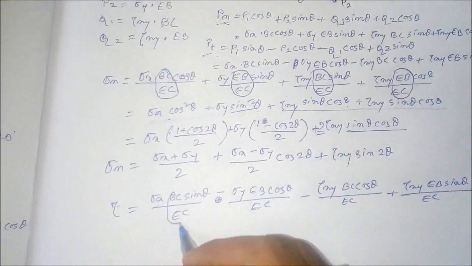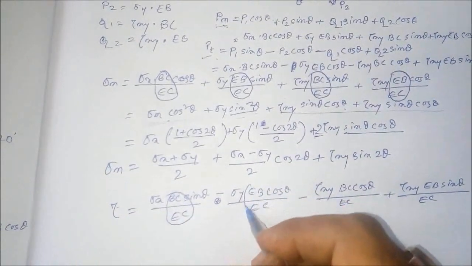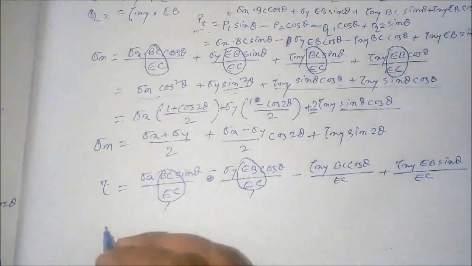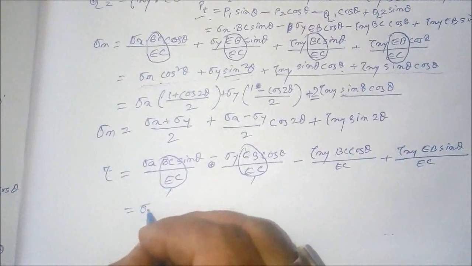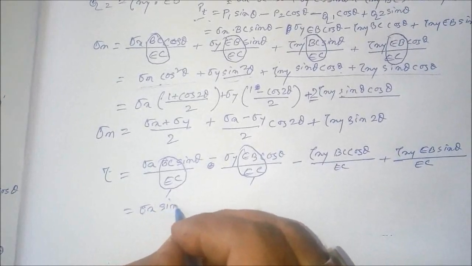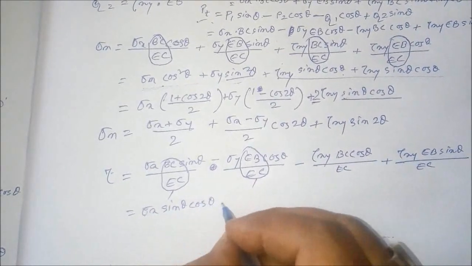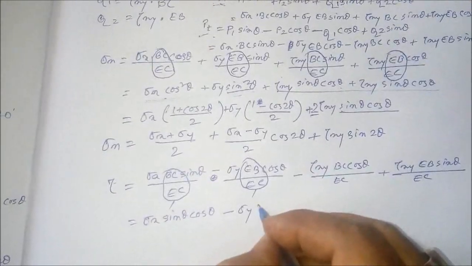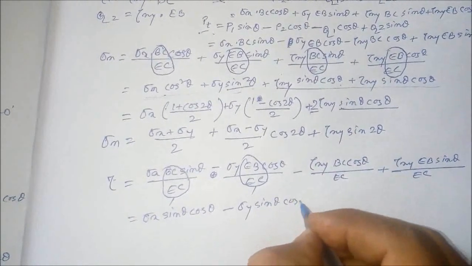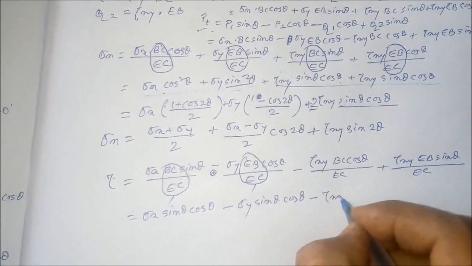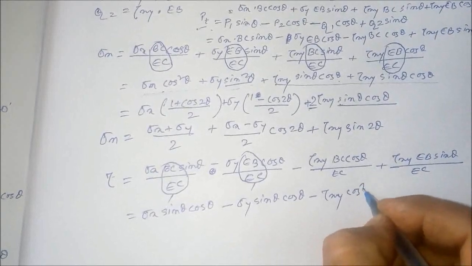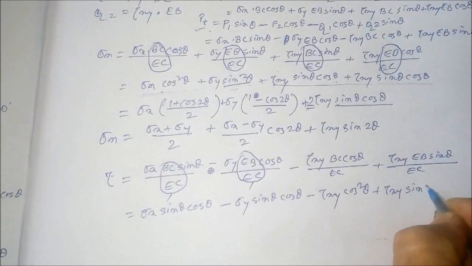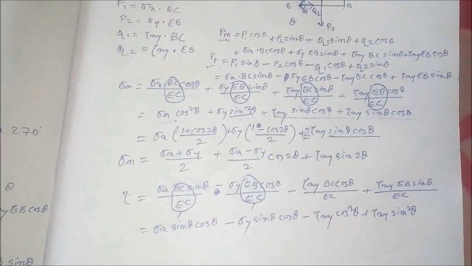Again we are getting this component BC by EC and EB by EC. This is cos theta, this is sin theta. So if we simplify this, this will be sigma x sin theta cos theta minus sigma y sin theta cos theta minus tau xy cos square theta plus tau xy sin square theta, right?